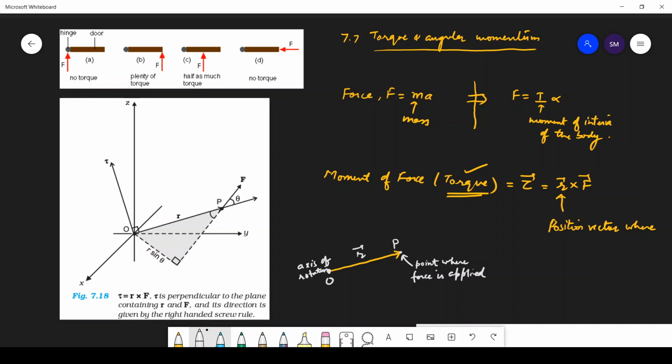Now in the diagram, the force is applied in this direction.